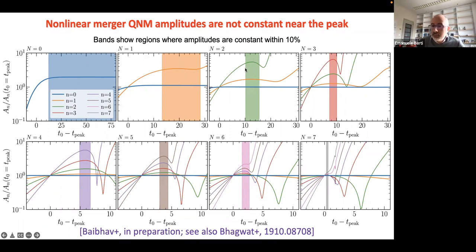Then you add a third mode, and you see that the region where the amplitudes are approximately constant is shrinking, and you can repeat the game and you understand where I'm going. If you add more and more modes, you can fit all the way to 0, but you're not doing physics anymore, you're overfitting. You're adding more and more modes with amplitudes that are only constant in an infinitesimally small region.